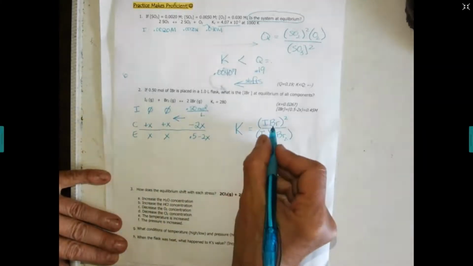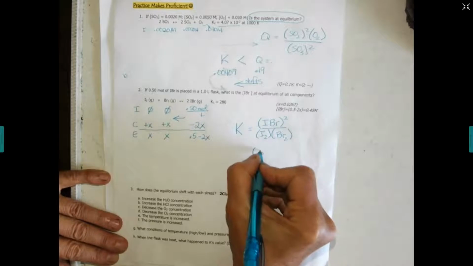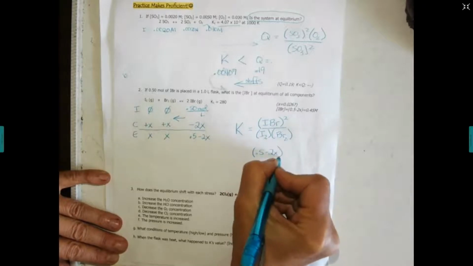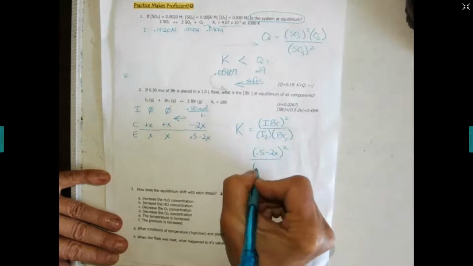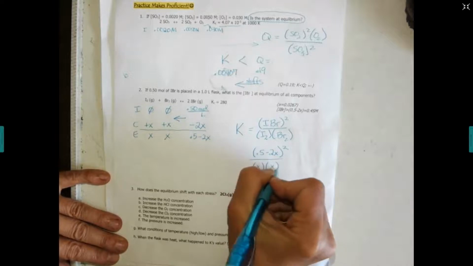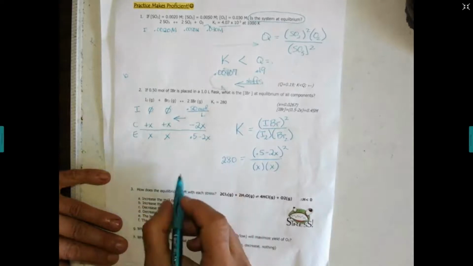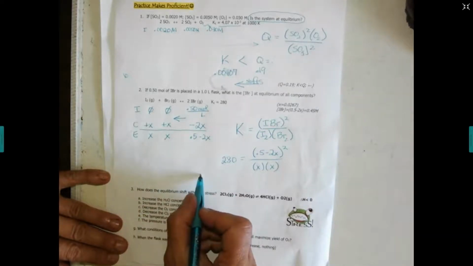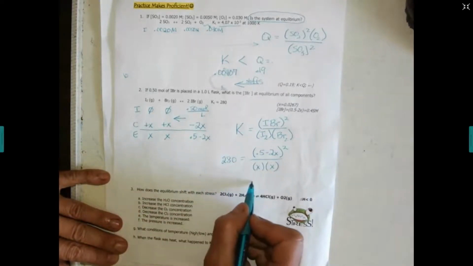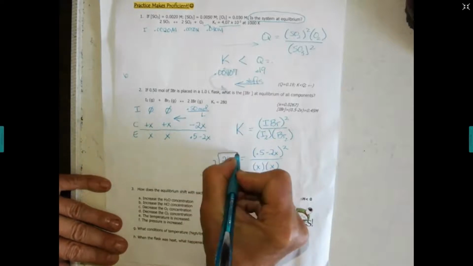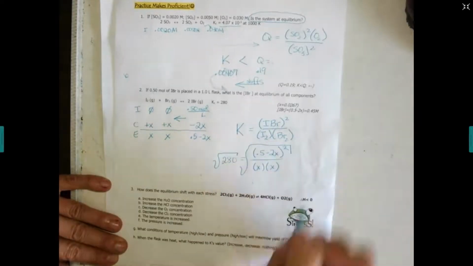All right, the reactant is 0.5 minus 2x, squared. And this will be x times x, and K is 280. If you have a TI-89, you'd write TI-89 or Inspire solve. You would give me 2 answers for x. If you do not, you're going to square root both sides.